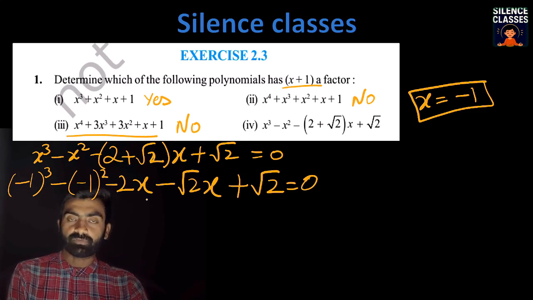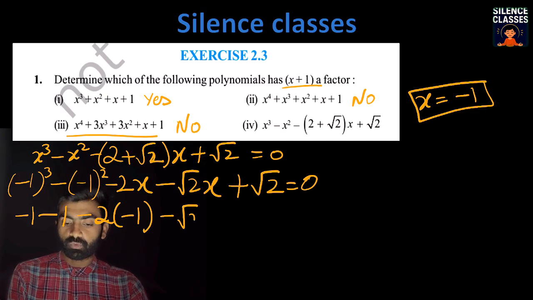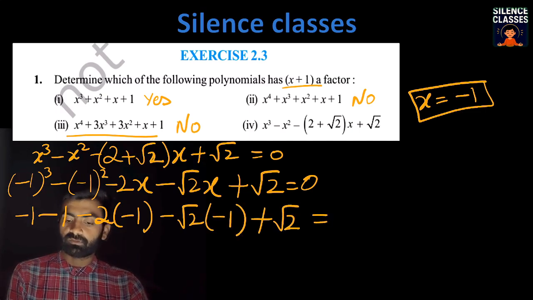Now put the value of x over here. You will get minus 1 multiplied by minus 1 will become plus 1, and the minus sign is outside, so it will become minus 1. Minus 2 multiplied by minus 1, minus root 2 multiplied by minus 1, plus root 2 is equal to 0.